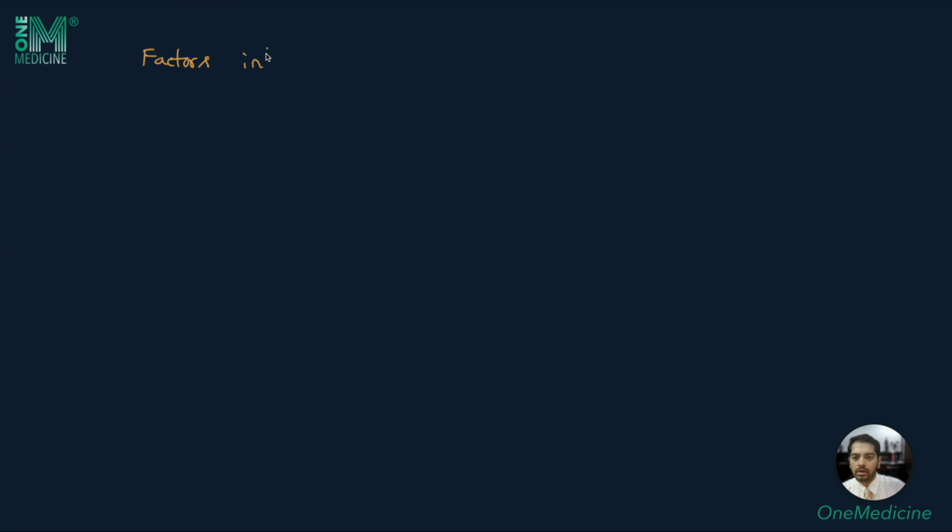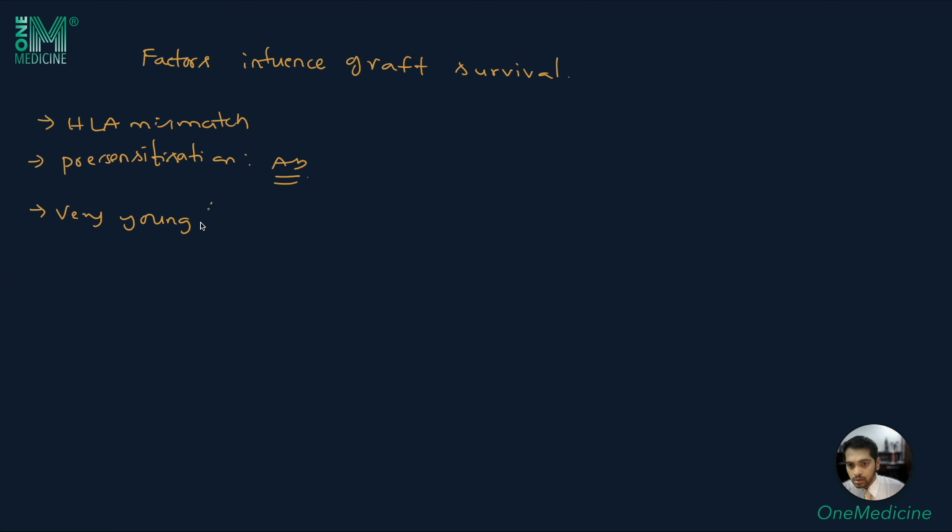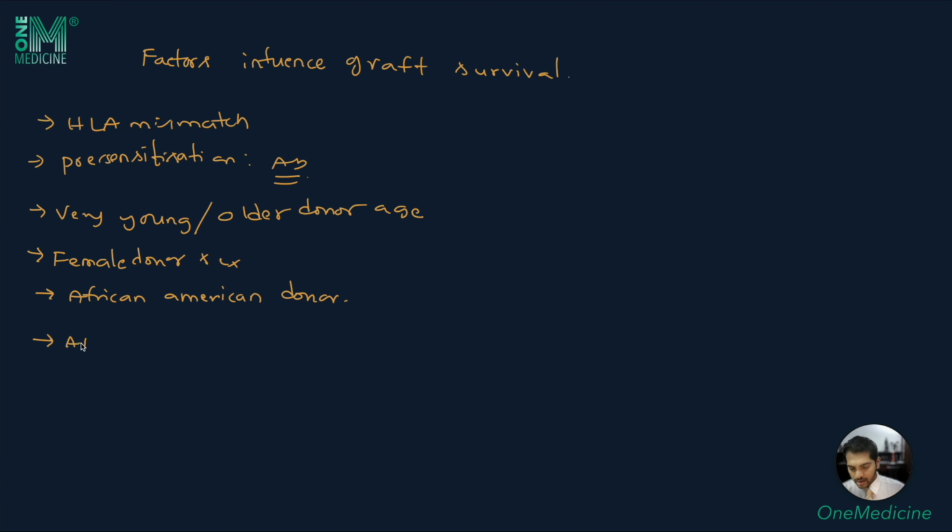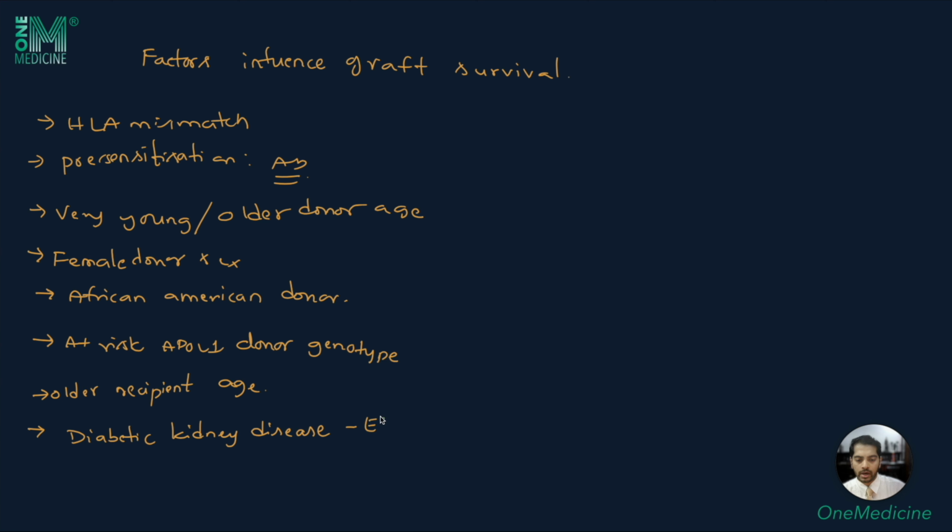There are various factors which influence the graft survival, and these include HLA mismatch, pre-sensitization, that is preformed antibodies, very young or older donor age, female donor sex, African American donors, at risk APOL1 donor genotype, older recipient age, diabetic kidney disease in the recipient as the cause for end stage renal disease, prolonged cold ischemia time, a coexisting hepatitis C infection, a larger recipient body size.